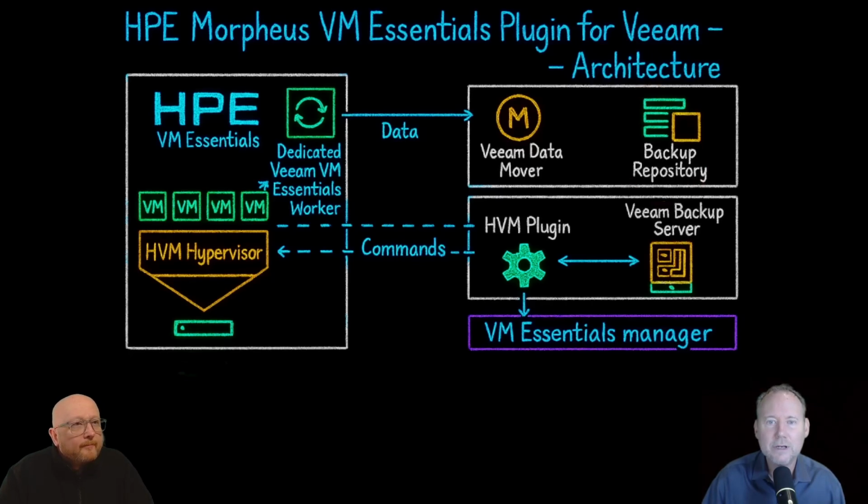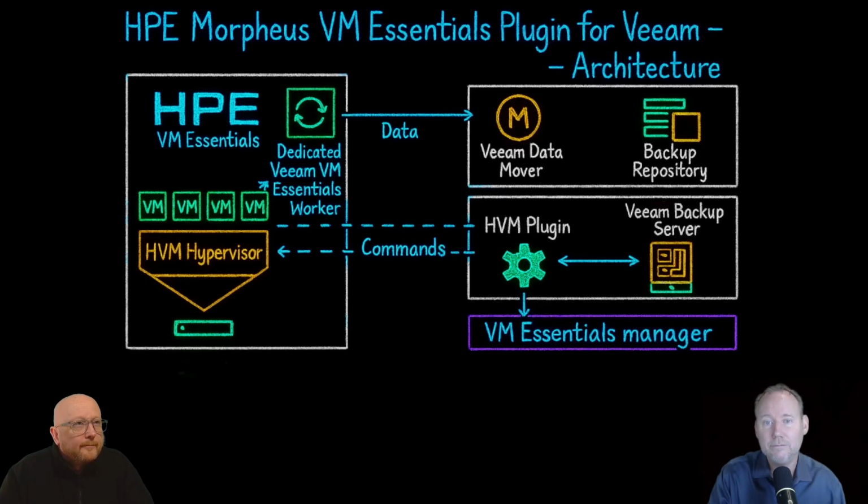I think I've covered, at a high level, how we are talking to the manager as far as importing all of the details about the environment, the cluster. That's how we know what hypervisors to talk to.